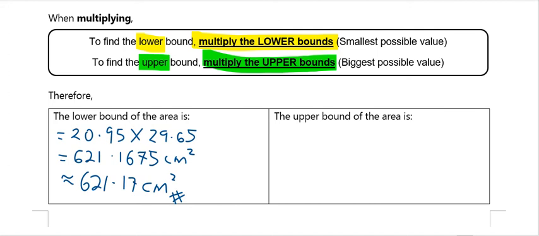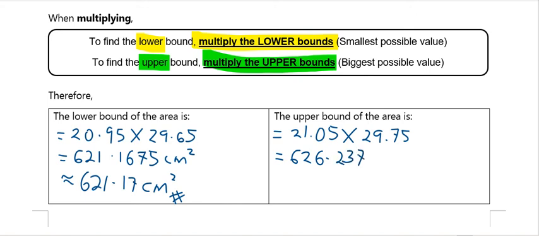Now let's move on to find the upper bound of the area. Here you are multiplying the upper bounds, which is 21.05 multiplied by 29.75. Here you will get an exact area of 626.2375.